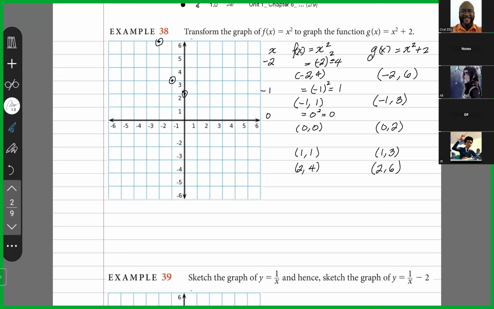We have 1, 3, and we have 2, 6. This is the graph of g of x. G of x is equal to x squared plus 2.